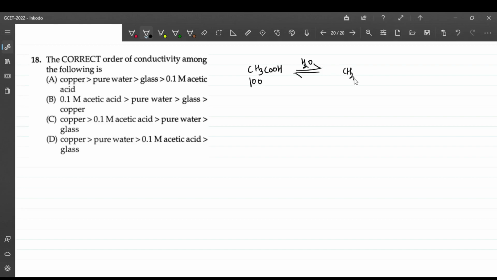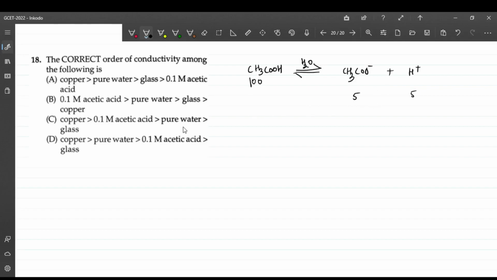It will dissociate into CH3COO minus and H plus, right? So how many will dissociate? It may be just 5 of these, and only 5 will dissociate to give you this. The remaining 95 will remain as CH3COOH. But still, there is some concentration of H plus, positive ions and negative ions, right? So there is some conductivity.